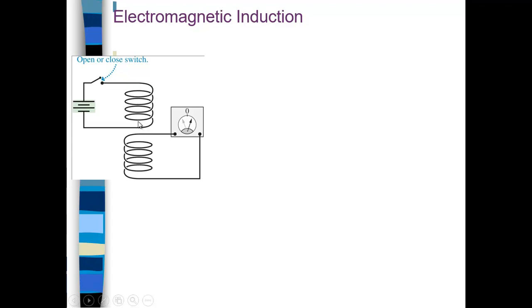That magnetic field will interact with this coil, and that will create electricity just as soon as that switch is being closed. So you'll get a small deflection if you're measuring current through this ammeter, just as the switch is closed, but then it will go back to 0.